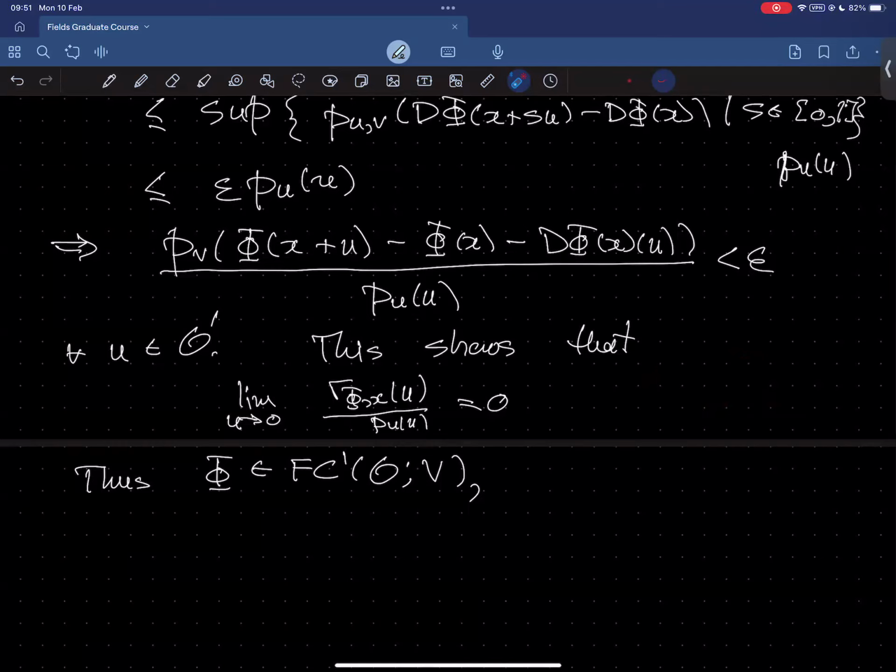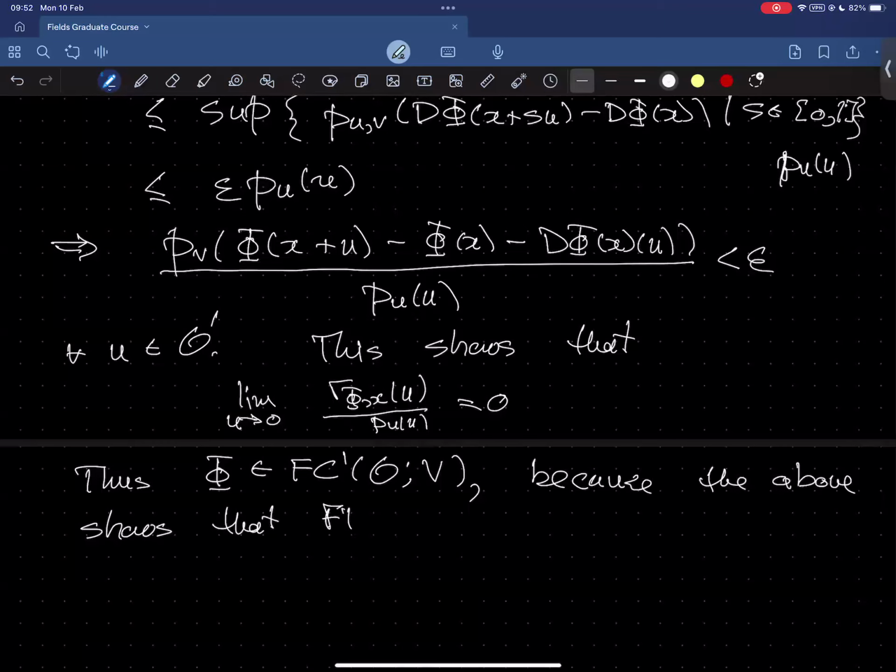That's not hard, because the above shows that F d phi is equal to d phi, the continuous linear map that I get out of the definition of the Frechet derivative, and d phi is continuous by assumption.